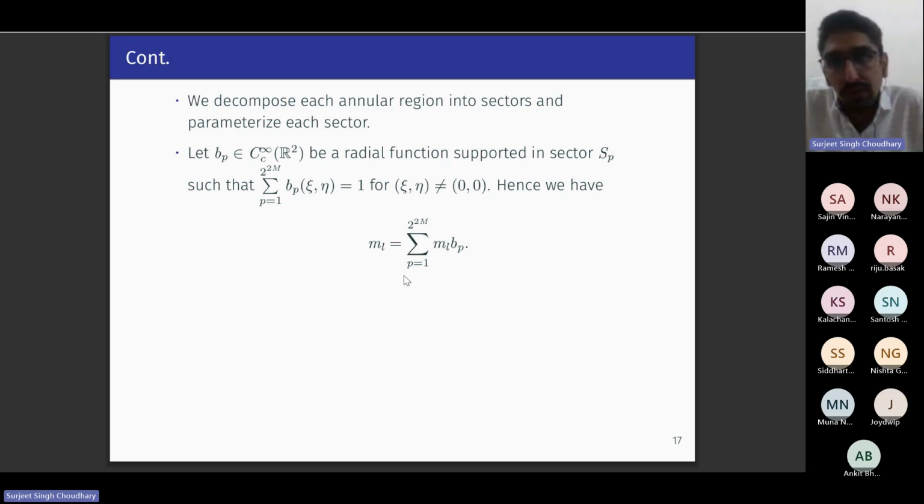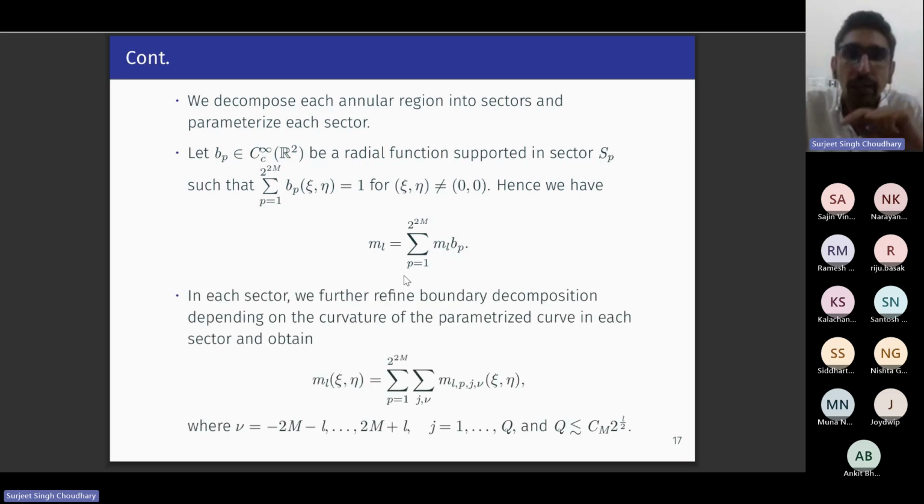So to do that, we further decompose our multiplier in each sector and annular region. We further decompose depending on the curvature of the parameterized curve of the boundary. And we rewrite m_l of xi comma eta as a sum of the multipliers m_{l,p,j,nu}.